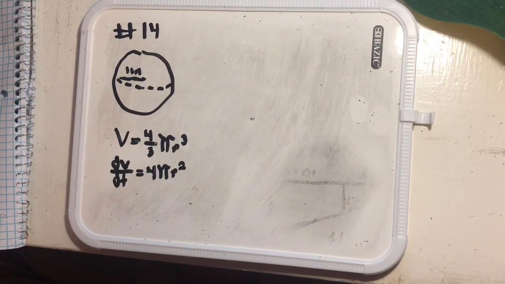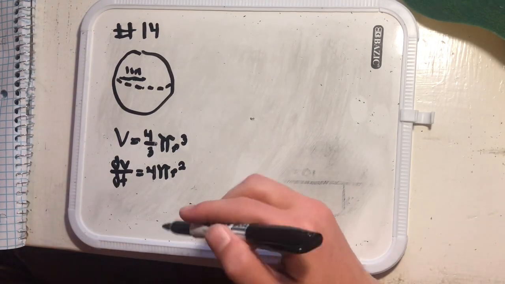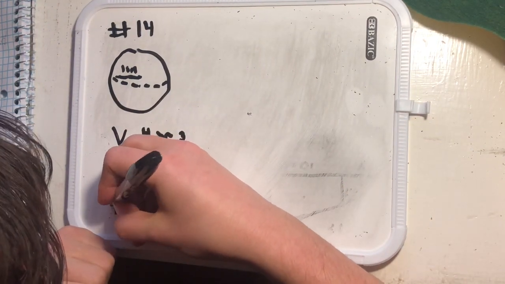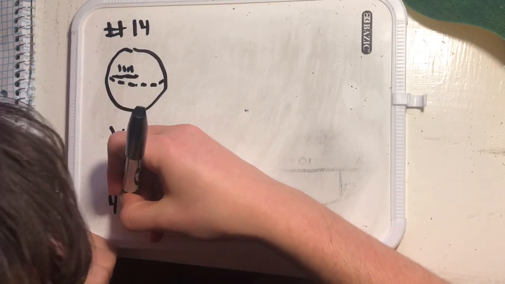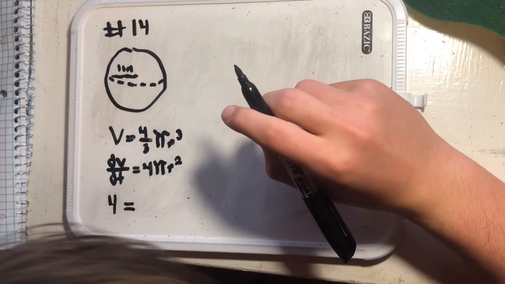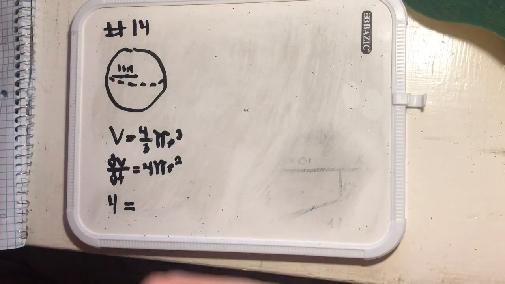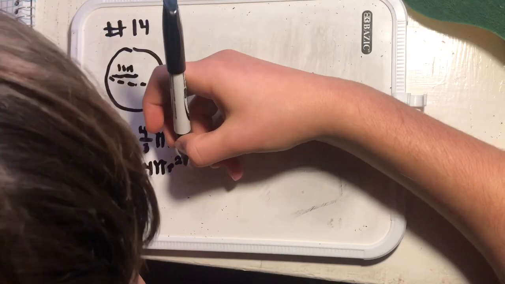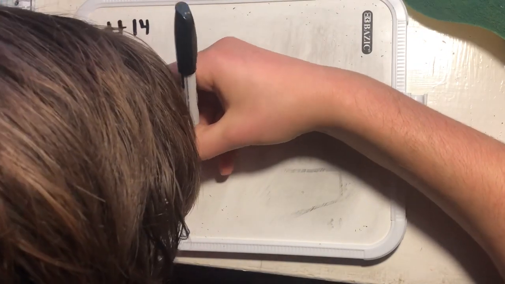Now that, ladies and gentlemen, is the volume with respect to time. We have that right here as dV dt. So that I'm going to replace with 4 inches cubed as it is given, which is equal to 4 pi, oh, little thing I forgot here.